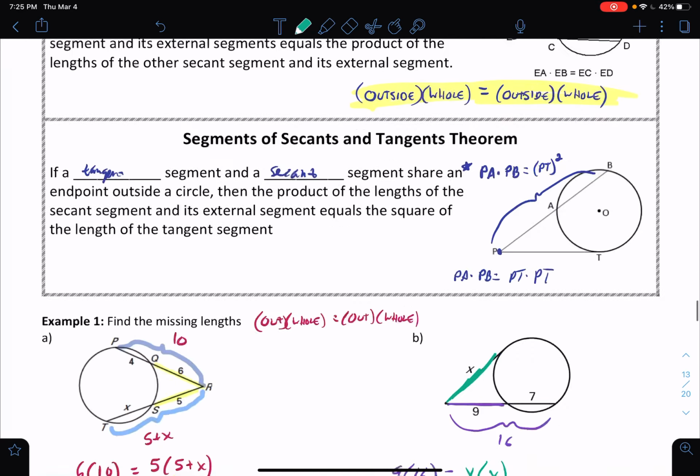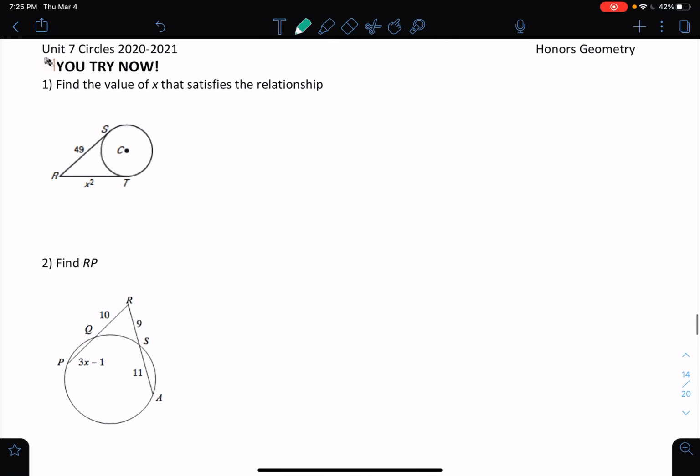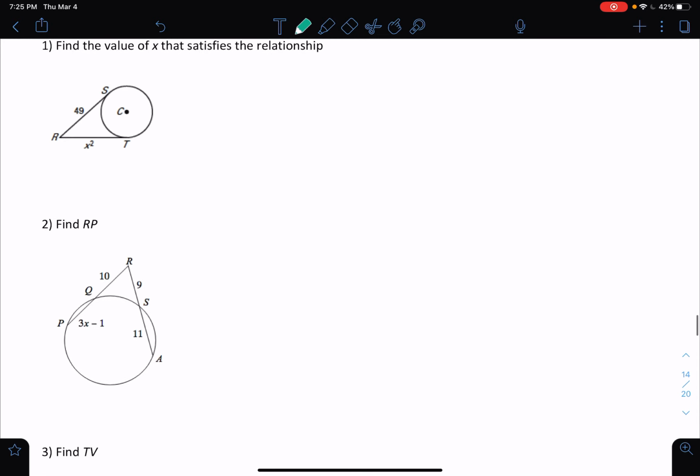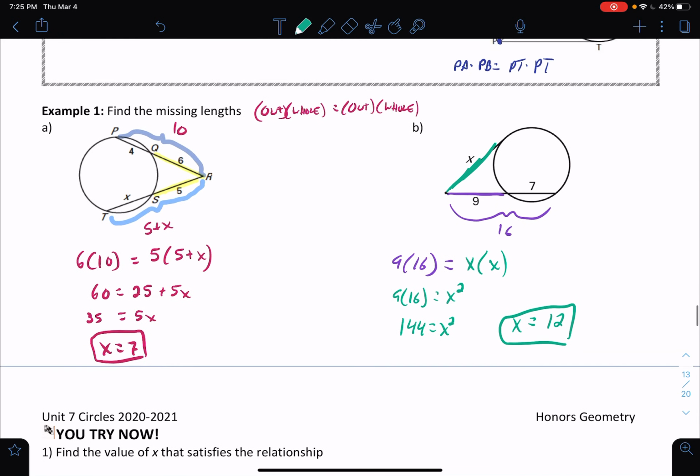Now, you've got 3 you-try-now problems here for you, each practicing that relationship, so make sure you do that. The easiest mistake to make for this section is doing outside times inside equals outside times inside. And that's not what the relationship is saying.